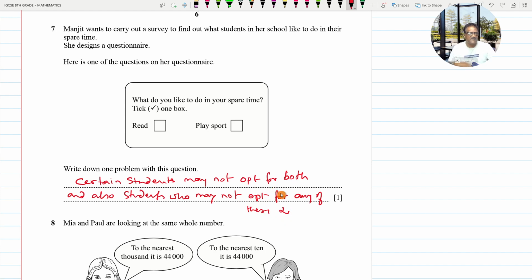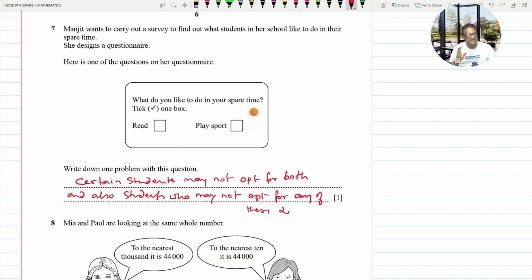So suppose there are students in her school who neither read books nor play any sport during their spare time. So what can they do about this question? They cannot do anything, because the instruction in the question is you have to put one tick mark in a box. So out of two you have to select only one.